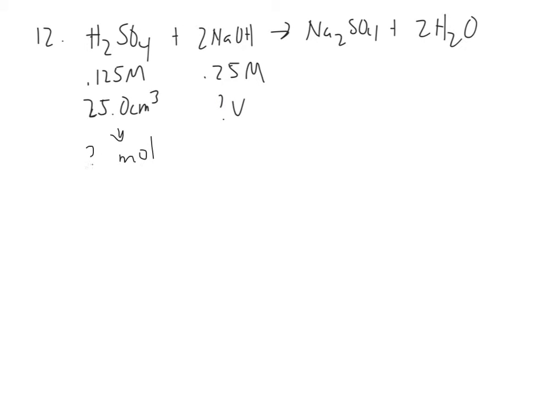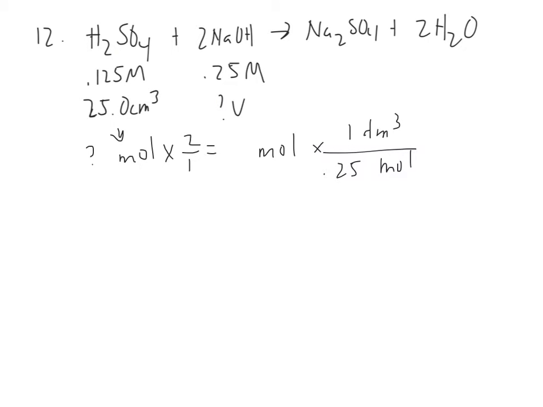I need to know how many moles of H2SO4 this involves, because then I see there's a 2-to-1 molar ratio, and that will give me my moles of NaOH. And when I know my moles of NaOH, I can divide by the concentration. I'll put the 1 decimeter cubed over the moles, which is 0.25, and I'll have my answer.